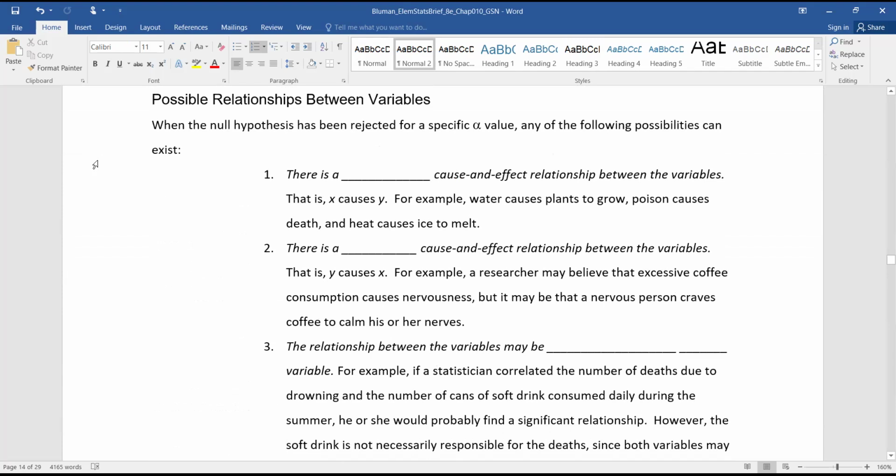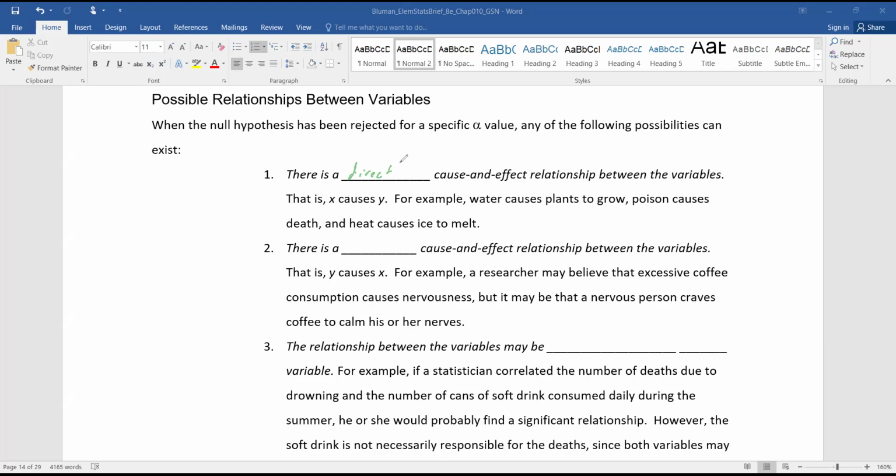So we do have possible relationships between variables. When the null hypothesis has been rejected for a specific alpha value, any of the following possibilities can now exist. There is a direct cause and effect relationship between the variables. That is, X causes Y. For example, water causes plants to grow. Poisons cause death.